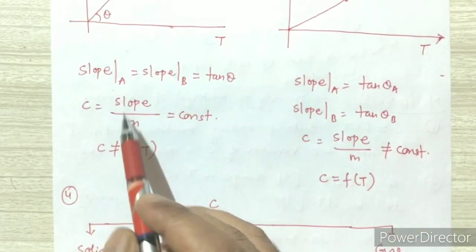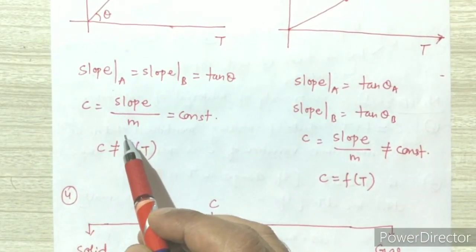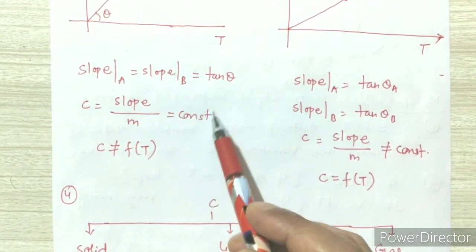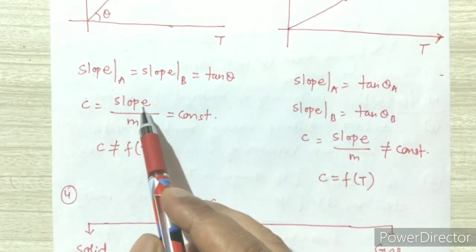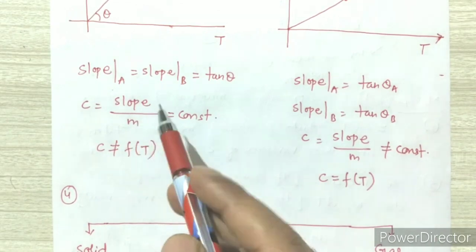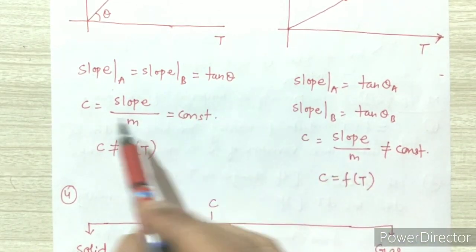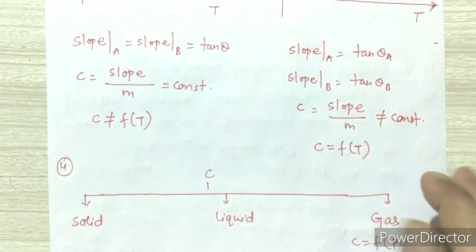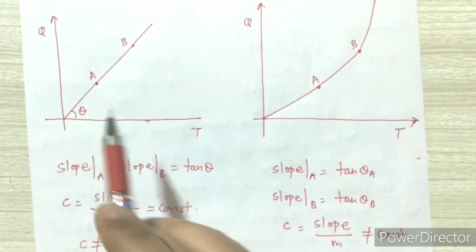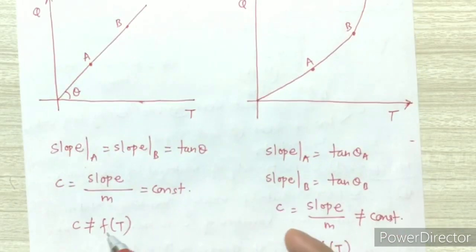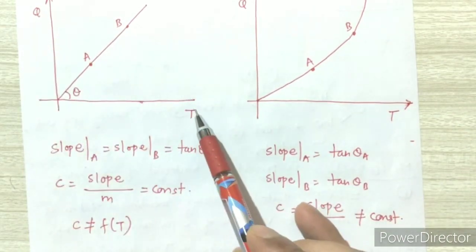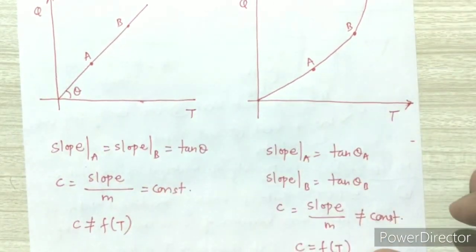Specific heat is slope divided by m, as we learned earlier. Slope is constant, so slope by m is constant. It means that specific heat is constant, not a function of temperature. So remember this graph: if specific heat is not a function of temperature, the heat versus temperature graph will be a straight line passing through the origin.